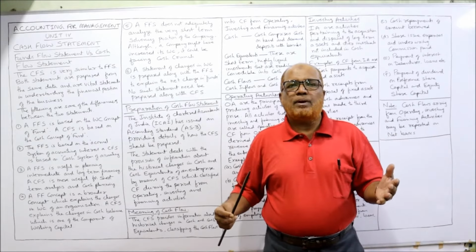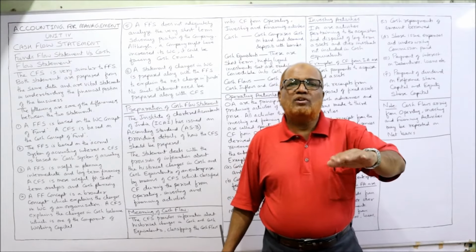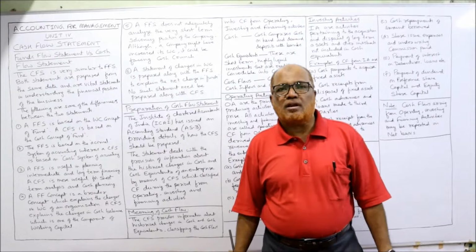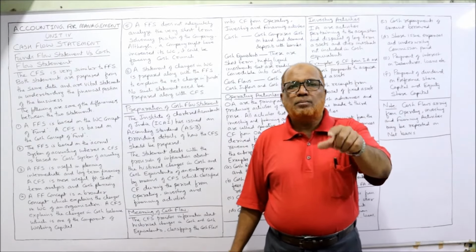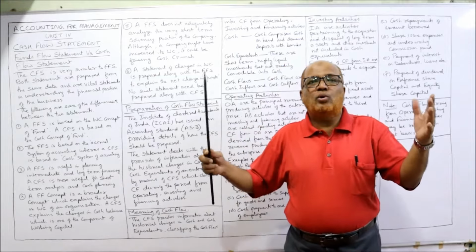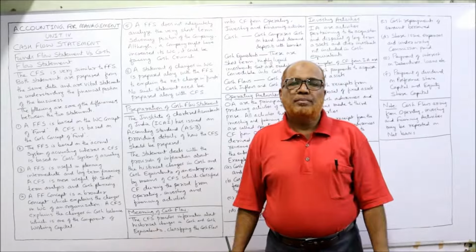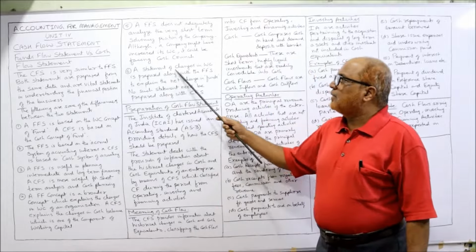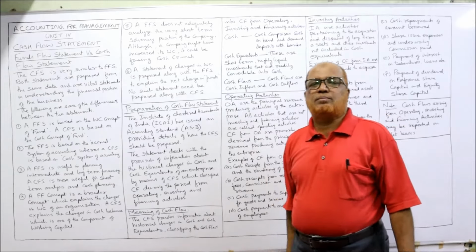Many a time what will happen, in the short run, the business appears to give more profit, but still the business is facing a cash crunch, because whatever profit is there, that does not mean profit is equal to cash. Many a time profit will be huge, but the business is suffering from a liquidity problem, a cash crunch problem. This may happen.